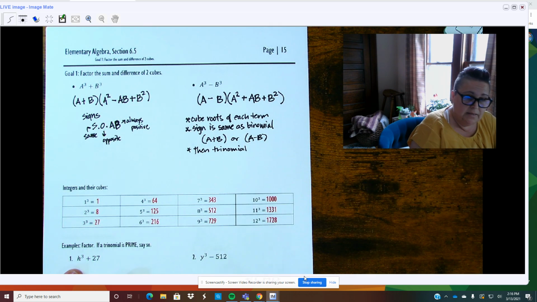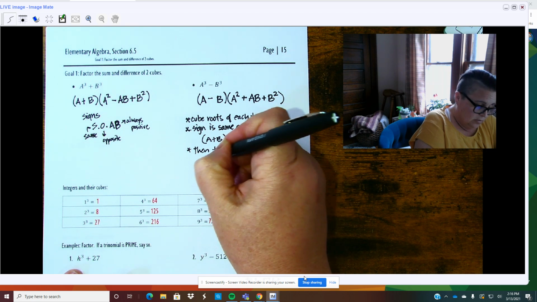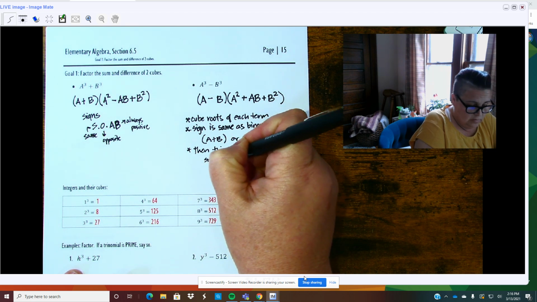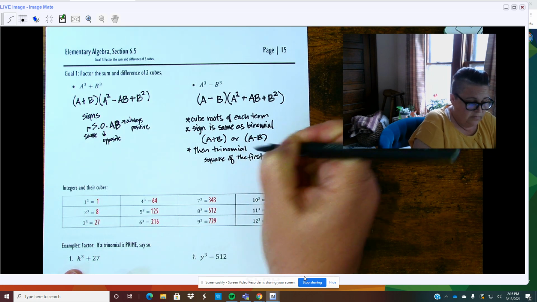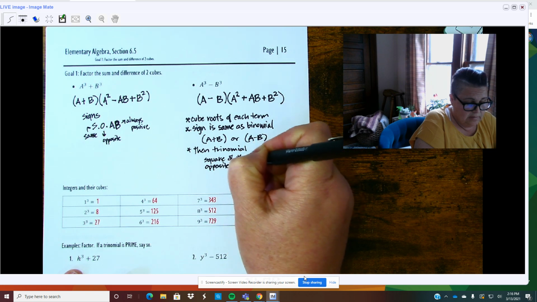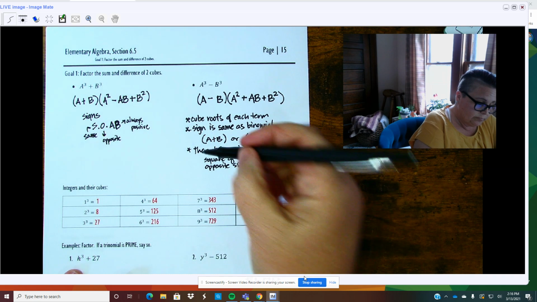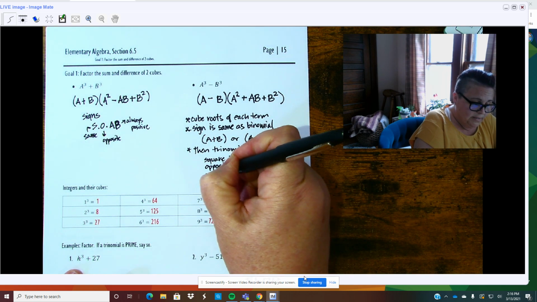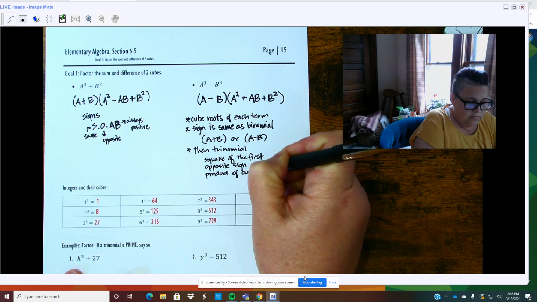In the trinomial, we want the square of the first. Then we do the opposite sign from the original expression. And then we do the product of the cube roots.